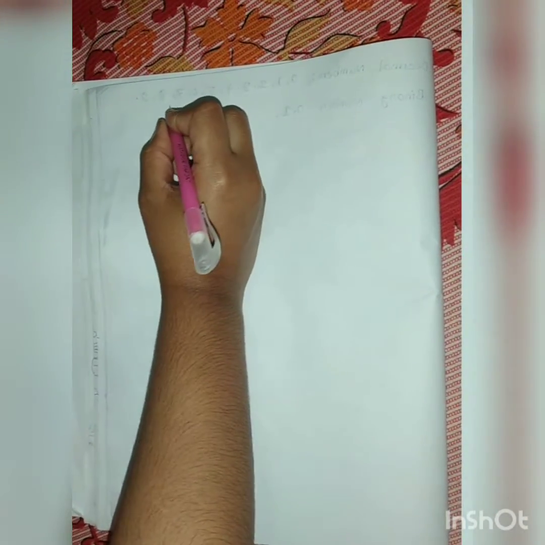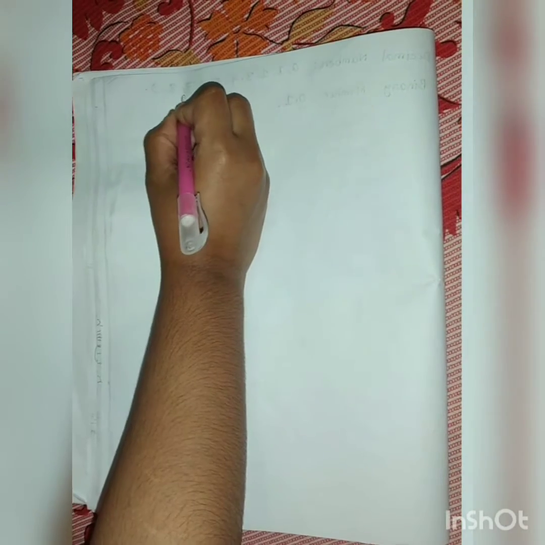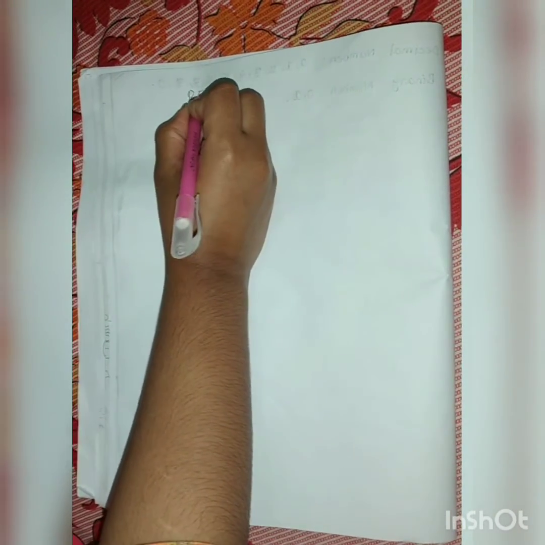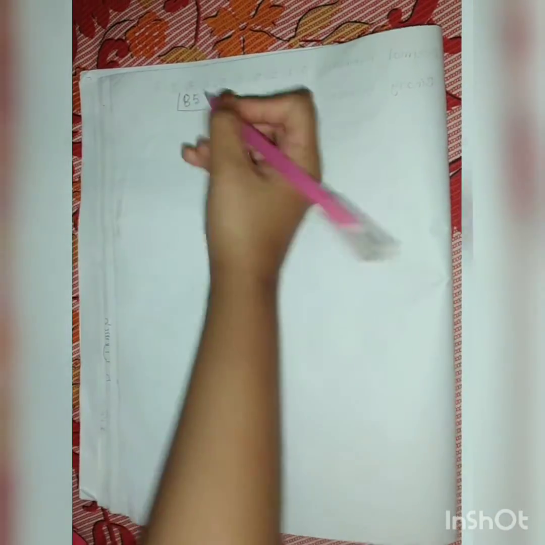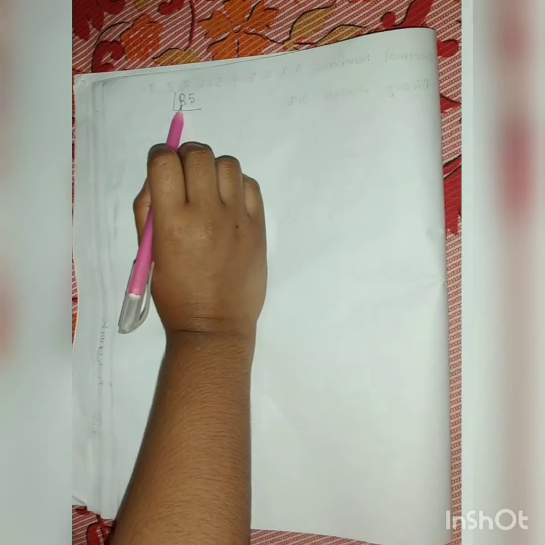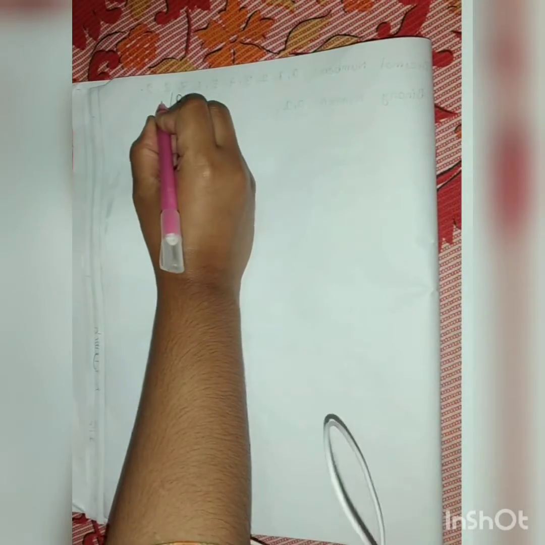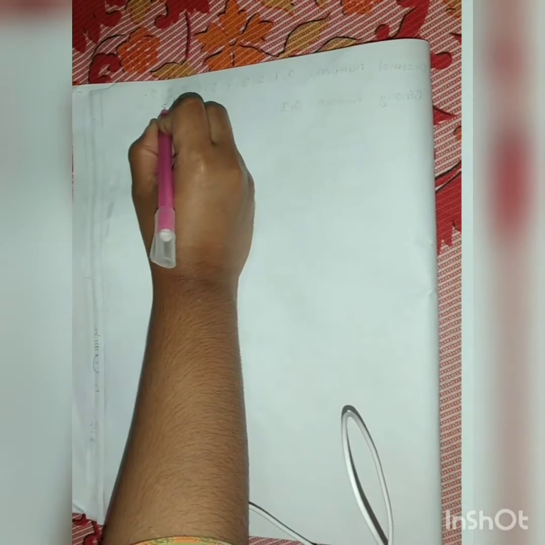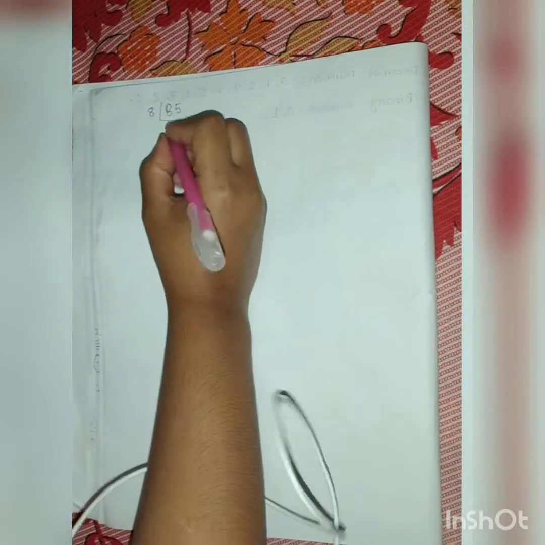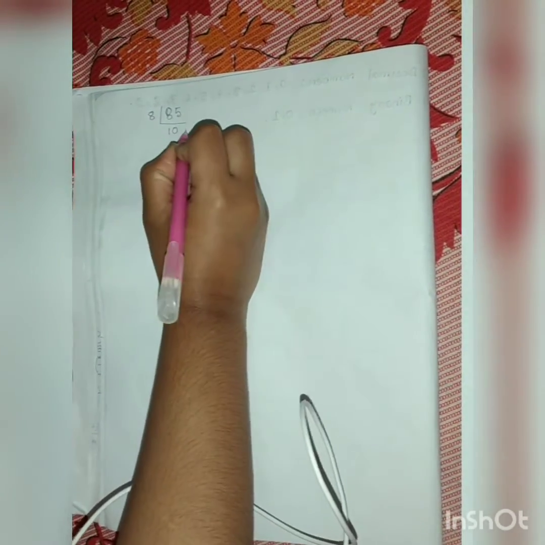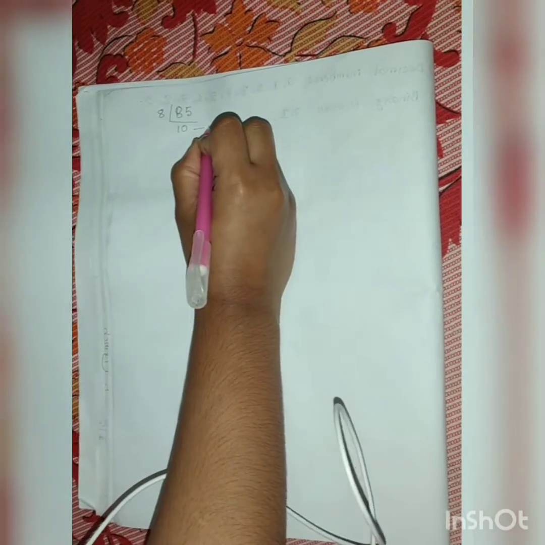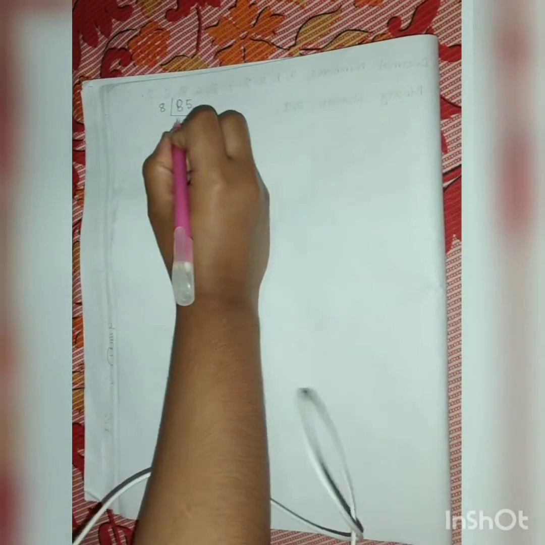Now we will convert this number 85 into octal number. So for this we will have to divide this decimal number by 8 because the base of octal number is 8. So now we will divide this 85 by 8. Then it is 10, the remainder is 5.